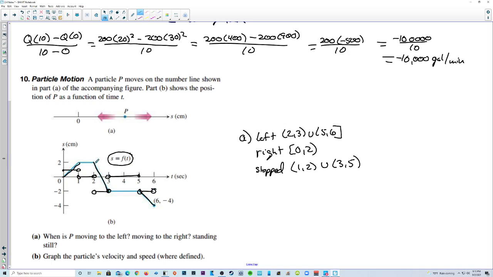Over here, let's see. Up 2 over 1, that's 2. So this is wrong right here. It's actually up here, like that. So there's the velocity. Now the speed is the same thing, except anywhere this is negative, it goes up to being positive. Because speed's always positive. So that stays there. And then this one is going to go up to 2 right there.